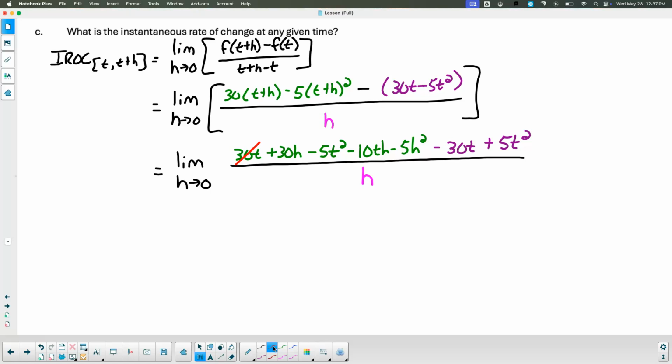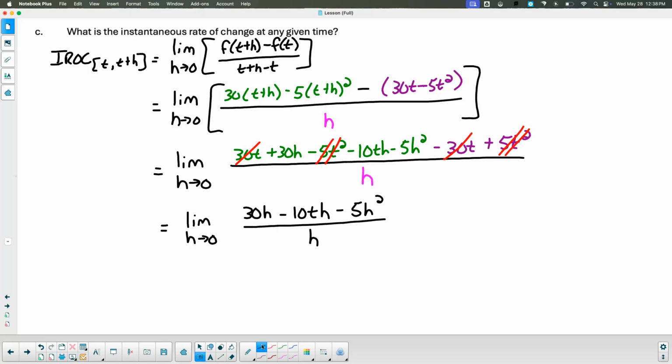This 30t gets canceled out by that negative 30t. This negative 5t squared gets canceled out by that positive 5t squared. So that leaves me with 30h minus 10th minus 5h squared all over h. Can they all be divided by h? Yep.